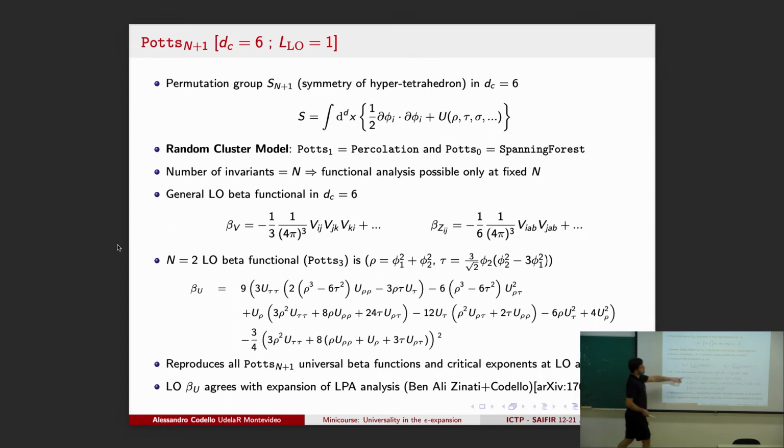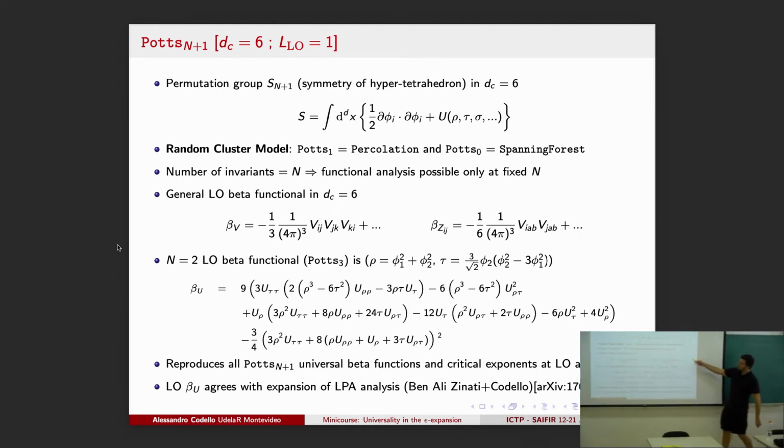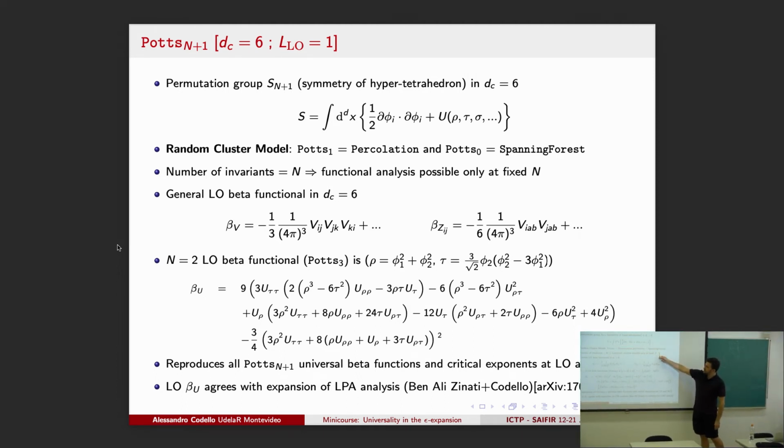And there is an even simpler version when n goes to 0, which is another statistical geometrical model called the spanning forest. All this goes under the name of random cluster model, something on which probabilists are also working a lot. But this is nice because in any case we can use this formalism. So this is another way to construct a quantum field theory for a geometrical problem.